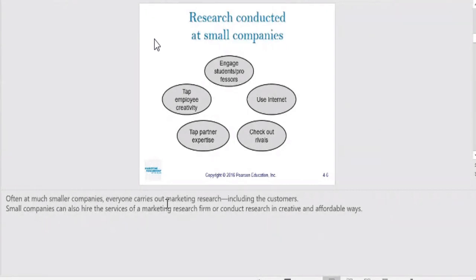So research conducted at small companies. I think there's a lag which exactly is using multiple platforms. Because Google is actually one of the competitors of Microsoft, I think they don't go very well together.